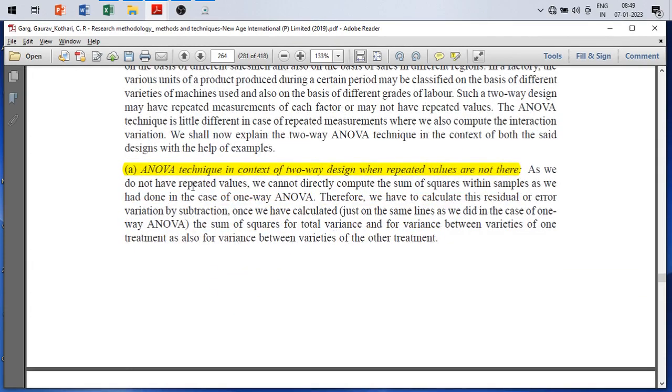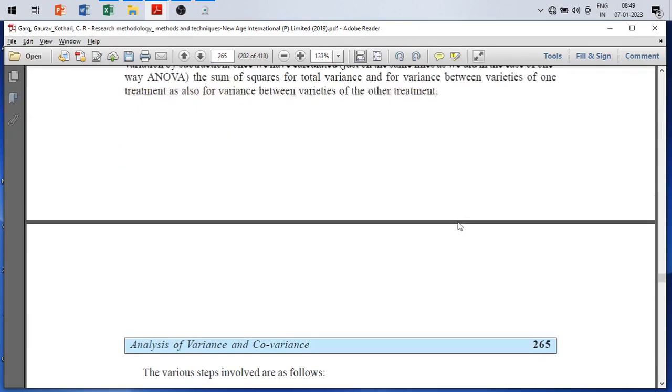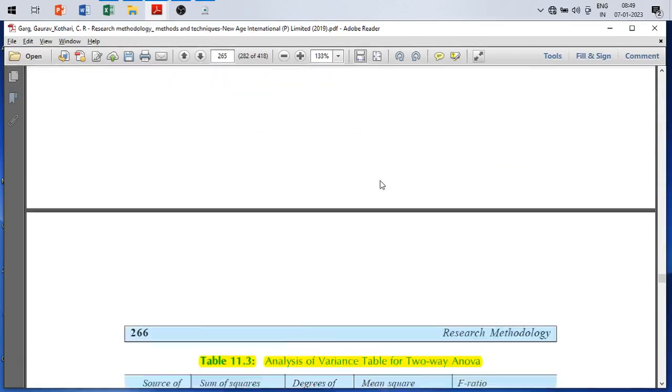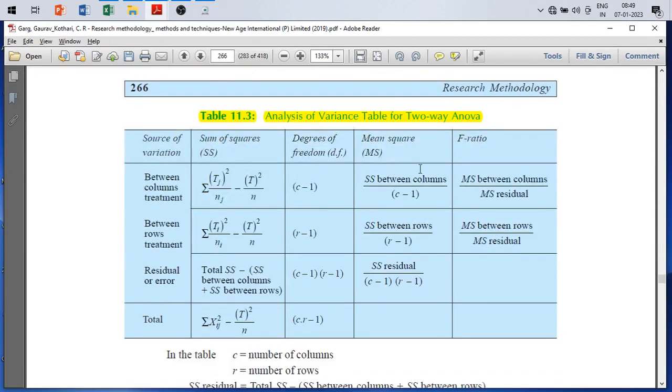So it is given here, ANOVA technique in the context of two-way design, that is two-way ANOVA, when repeated values are not there. And the process is summarized in this table, table 11.3. It is very similar to one-way ANOVA, but there is a small difference.